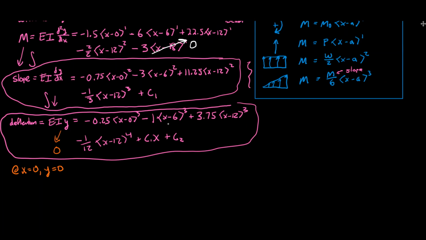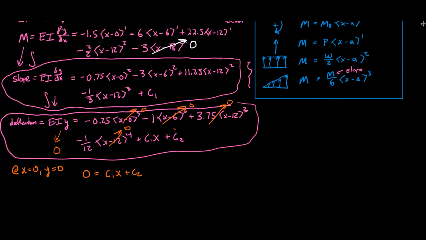Anything where x is less than a, and x is always going to be less than a in this case because we have x minus 6, x minus 12, and all this x minus 12 stuff. All of this is going to go to 0. So I'm basically left with 0 is equal to C1 x plus C2.